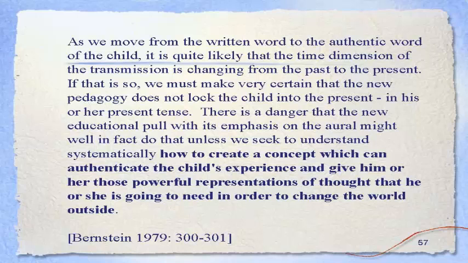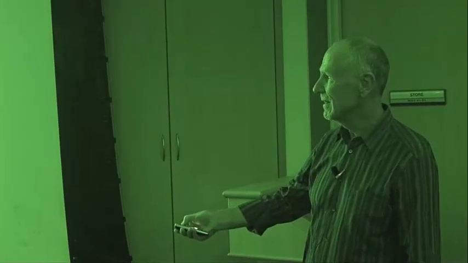There's a danger that the new educational pull, with its emphasis on the oral, might well in fact do that, unless we seek to understand systematically how to create a concept which can authenticate the child's experience and give him or her those powerful representations of thought that he or she is going to need in order to change the world outside. Okay, so I put in bold this strong comment on valuing where every child comes from, but acknowledging that you're going to take them somewhere.